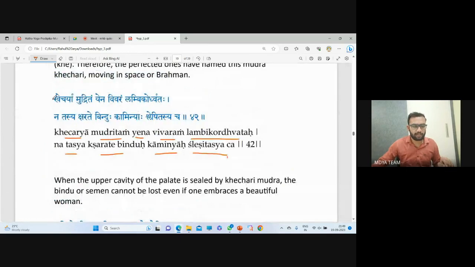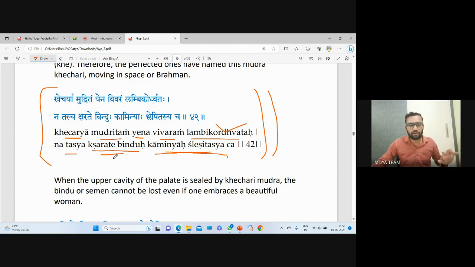Now here, Khechari Mudritam Yena Vivaram Lambiko Urdhvata. It means we have to enhance the size of our tongue. Na tasya charate bindu. Bindu meaning nectar will not come out. We will save our nectar even while doing sexual activity. It means that even if the yogi is physical, indulging in this activity, he will not lose nectar, that sperm.